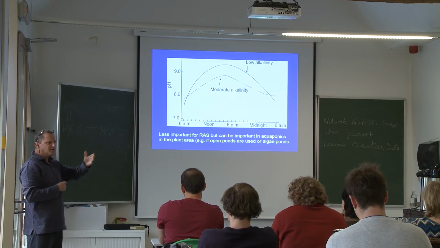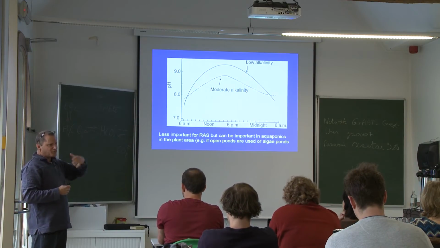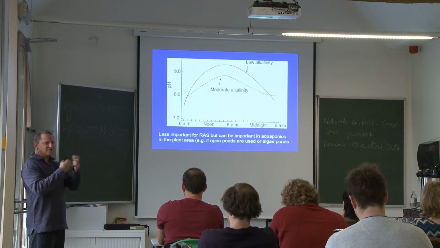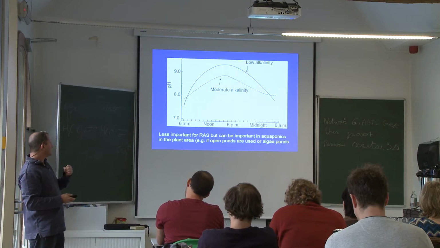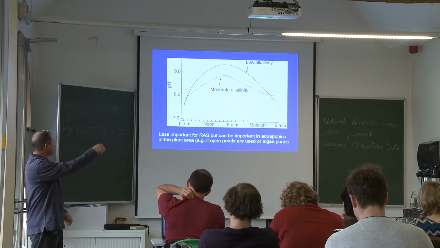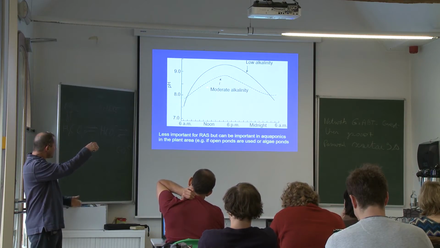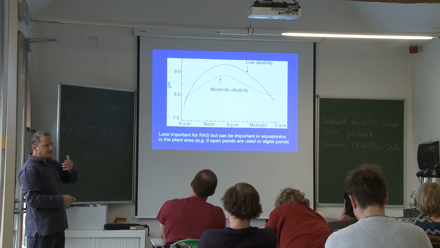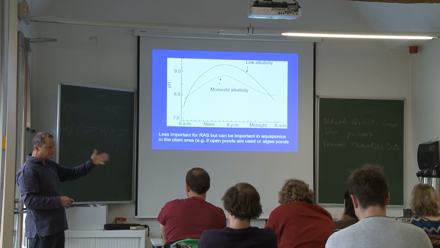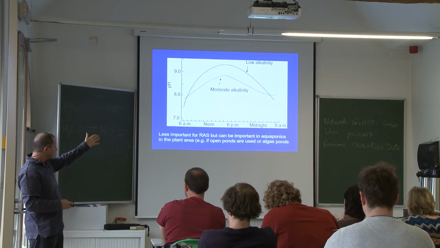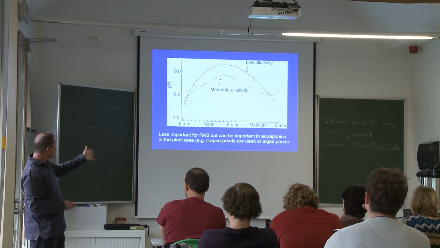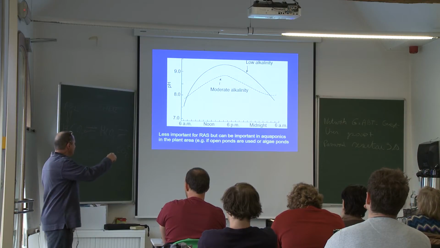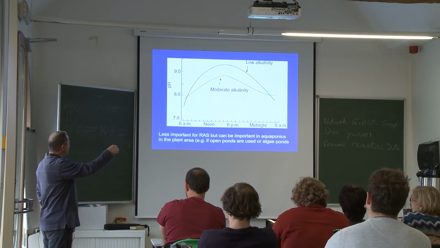CO2 is an acid, so they produce acid or consume acid over the day. When there is light, they consume more than they produce, so pH goes up. And at nighttime, when there is no photosynthesis, they produce more and consume less, so pH goes down.